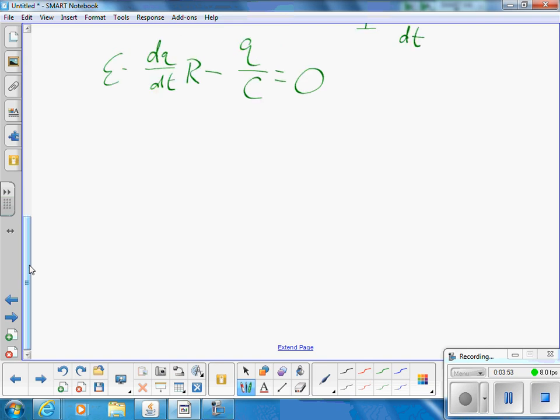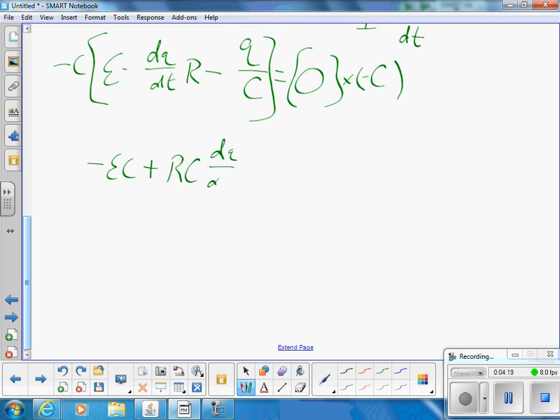And as I have possibly mentioned, my strategy is to get the coefficient of Q to be positive 1. So that means I'm going to multiply every term on each side by negative C. Okay, so that means I'm going to get negative EC plus RC dq/dt plus Q is equal to 0.